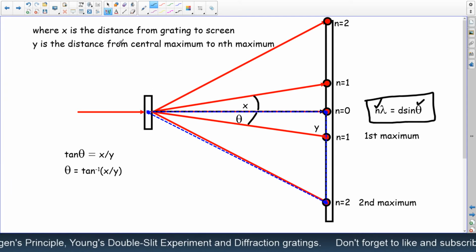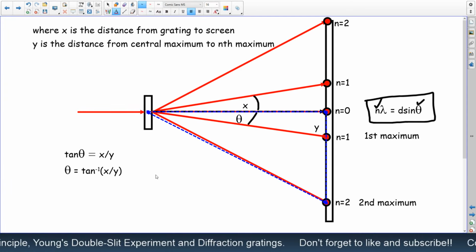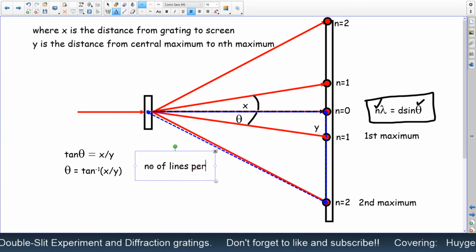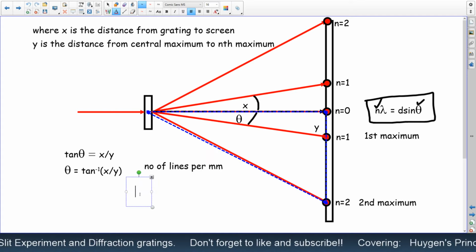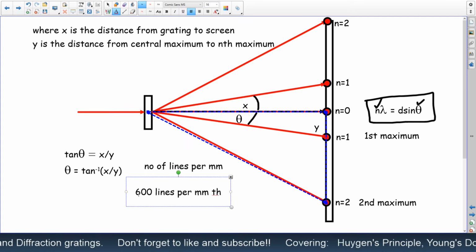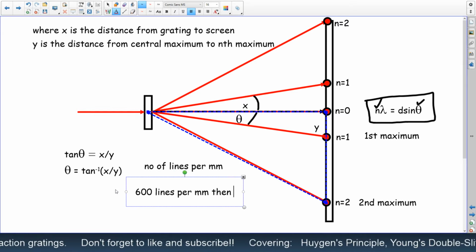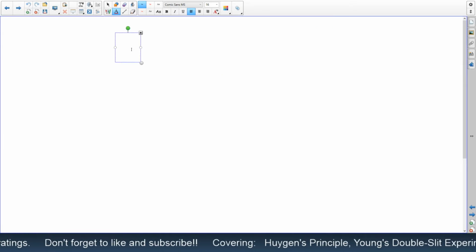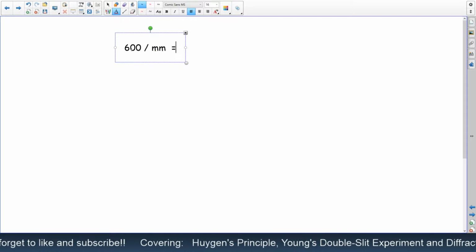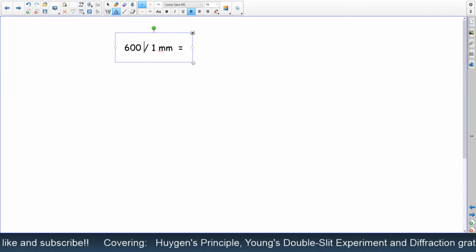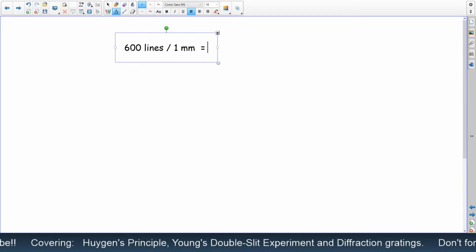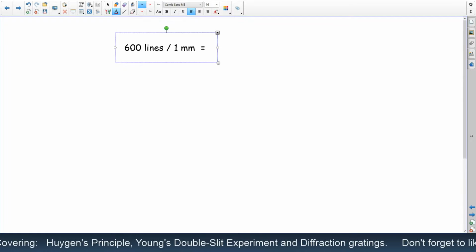D is straightforward because we've built our diffraction grating to have a certain number of lines per millimeter. So there's 600 lines per millimeter. Then the separation between the two: 600 per millimeter means there are 600 lines per 1 millimeter. Then we simply take this the other way up.